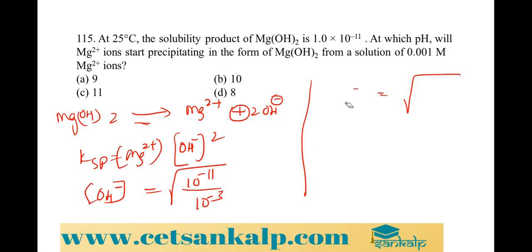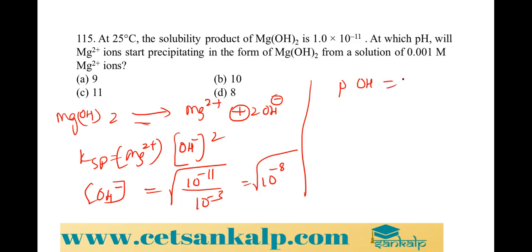One second. It became 10 to the power minus 8 under the square root, right? If we take the square root, what do we get? 10 to the power minus 4. The OH minus ion concentration is equal to that.